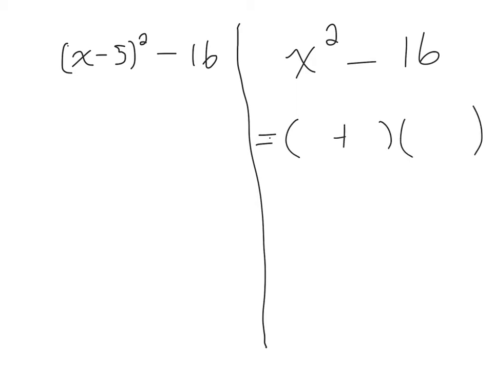You'd put a plus in one and a minus in the other. And you'd take the square root of your first term and put it in the first position in that bracket. So an x and an x. And then you'd take the square root of your second term. The square root of 16 is, of course, 4. And then you'd put that in the second position.